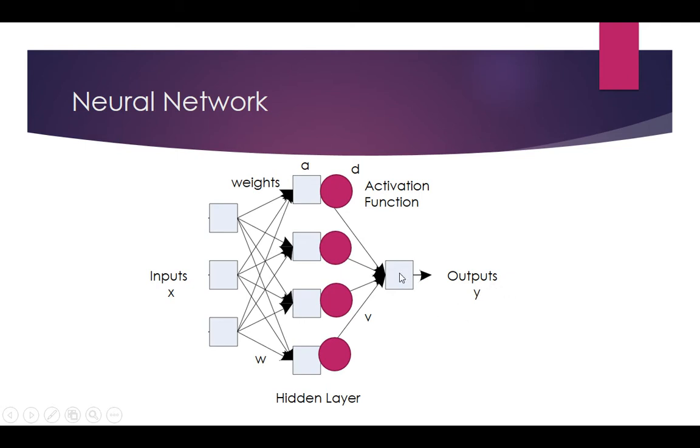Then we backpropagate this error through these layers and we update the weights. After each update, the weight gets improved.